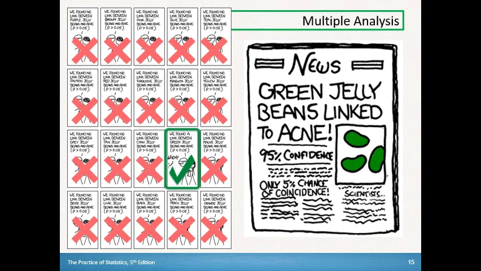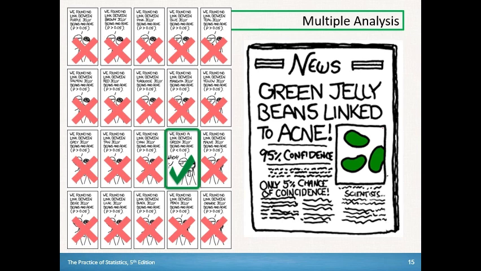So you can see we had 20 different jelly beans. What's going on here is that jelly beans really don't affect acne, but occasionally you're going to reject the null hypothesis and think, oh, jelly beans actually do something here. But that's just because 5% of the time you expect to get the wrong answer. You expect to reject the null hypothesis 5% of the time. So 1 in 20.